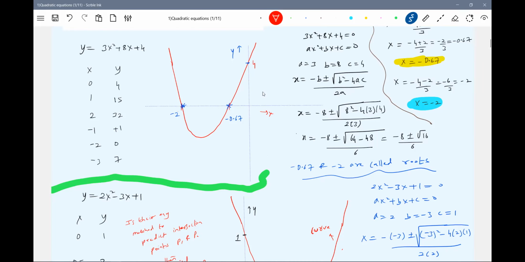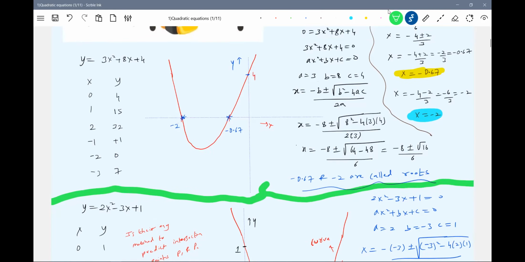Let me go back again. Okay, I came back to this one. So this we concluded using the graph. So what are the roots? Roots are real. Looking at this, the roots are real. So what is the basic necessary condition? Look at the discriminant.